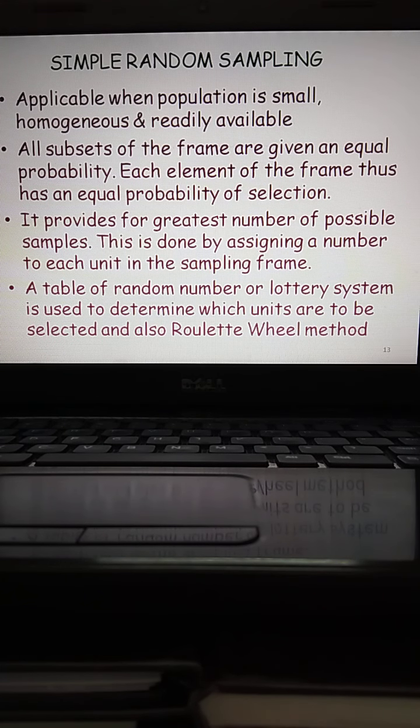So what is a simple random sampling? Actually this method is applied whenever the population is small. So countably finite. Understand? Countably infinite, countably finite. All the tables in a college, you call them countably finite.